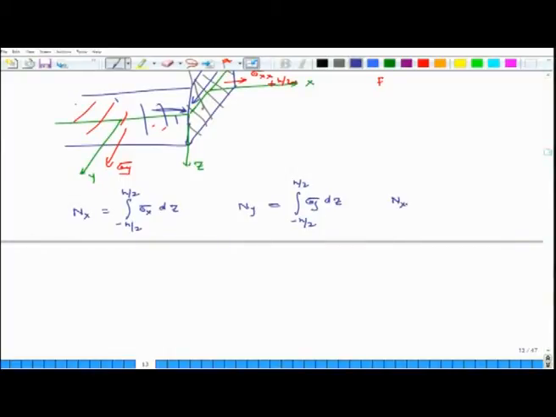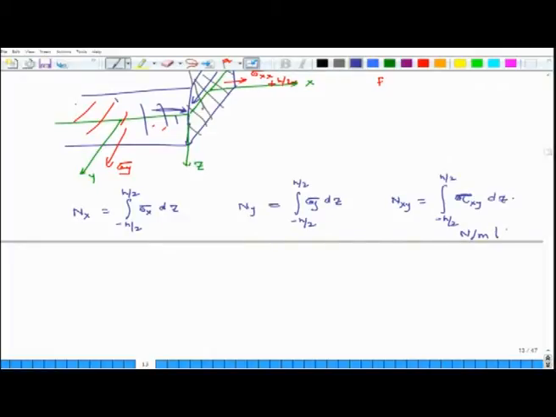So, Nxy is equal to the integral from minus h over 2 to h over 2 of tau xy dz.